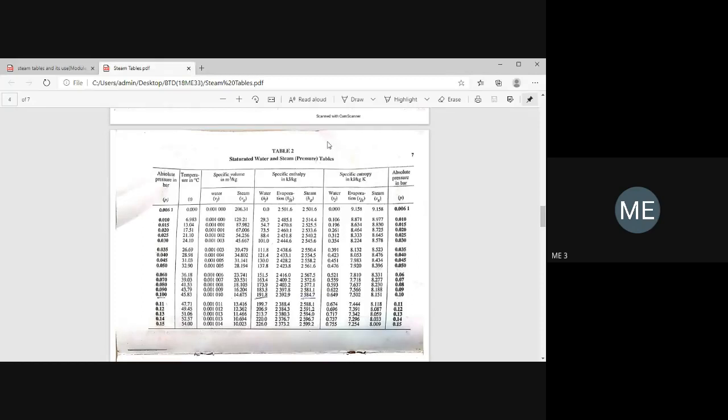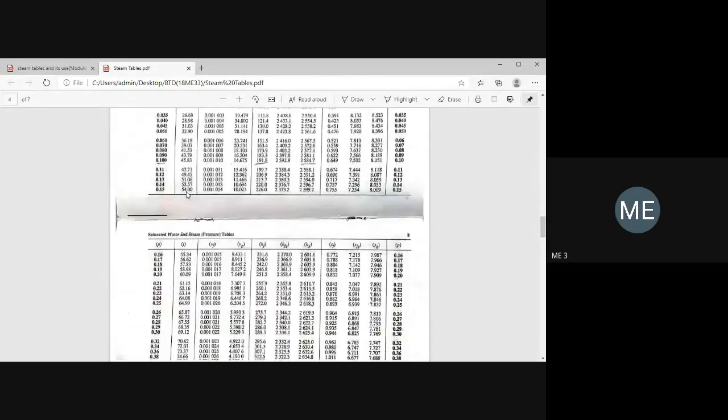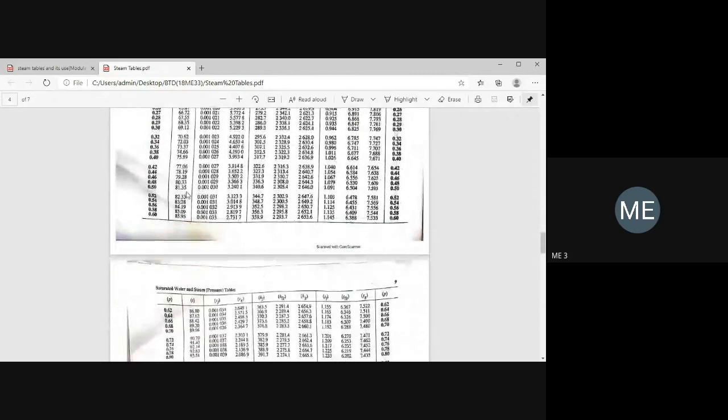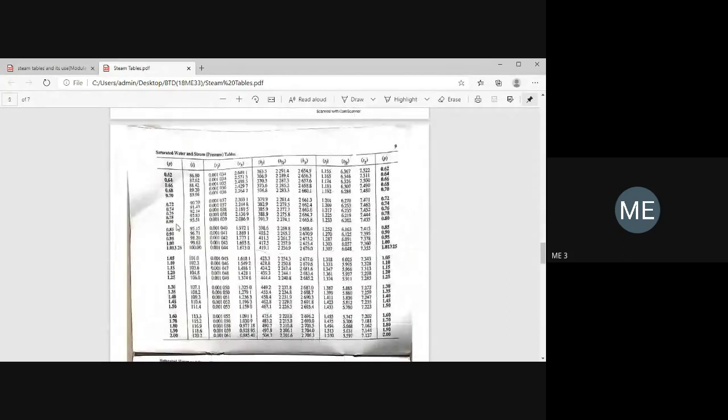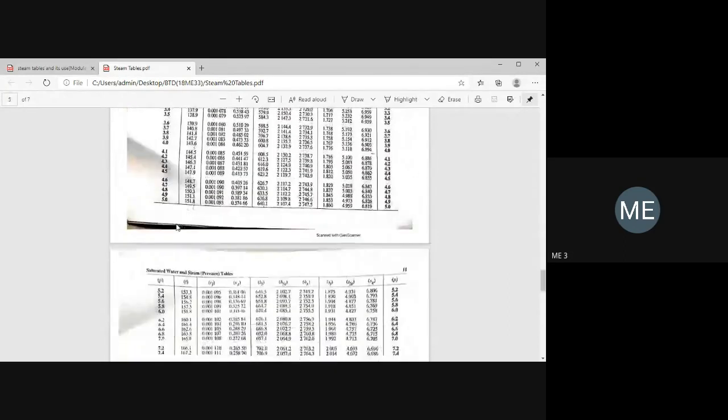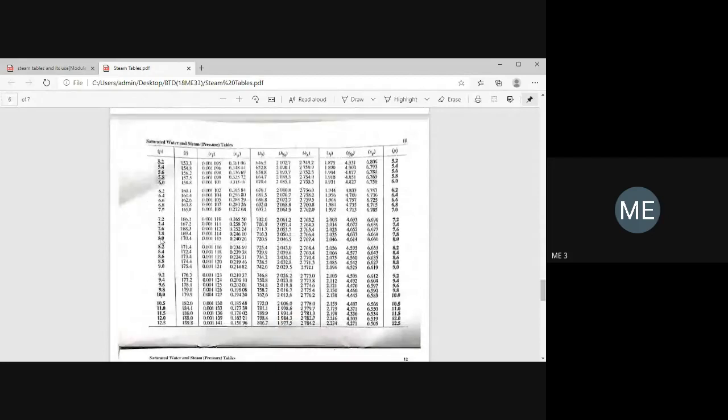So 0.8 megapascal means 0.8 into 10 bar, so you have to refer the value of 8 bar. This one is 8 bar pressure. At 8 bar pressure, you see the cursor.